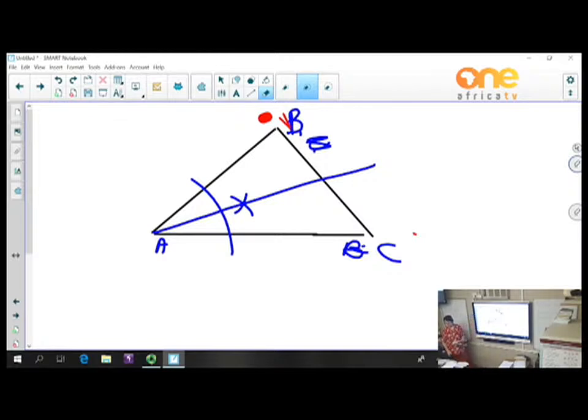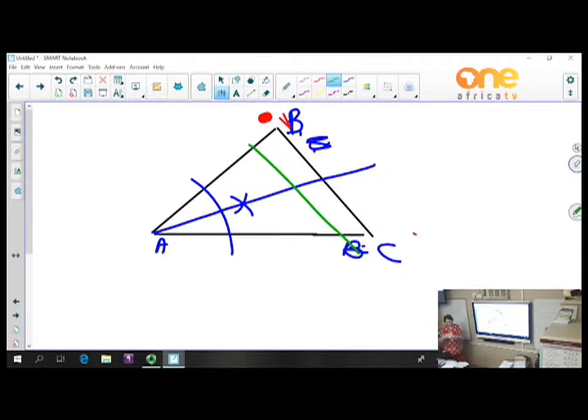The second one is 10 meters from BC. So what will that be? Yeah, a line 1 centimeter from BC. So there is the line, 1 centimeter from BC. Make the construction, 1 centimeter from BC. You just use the same one.